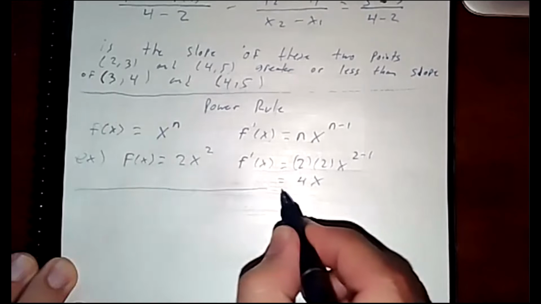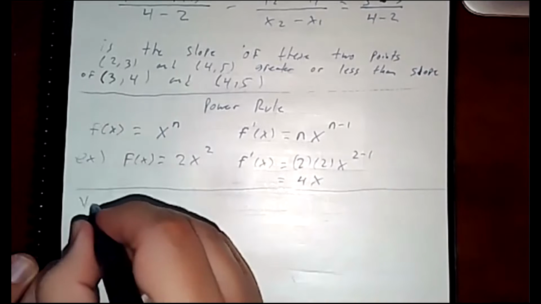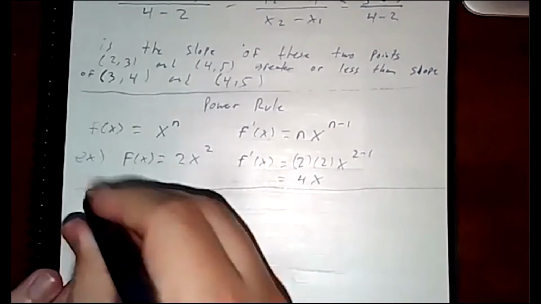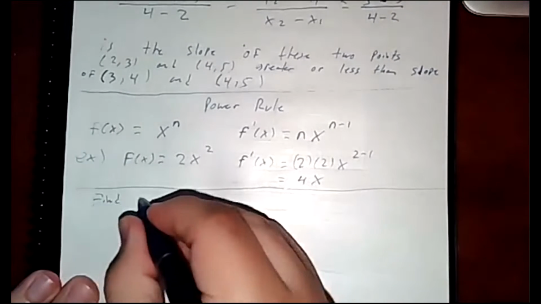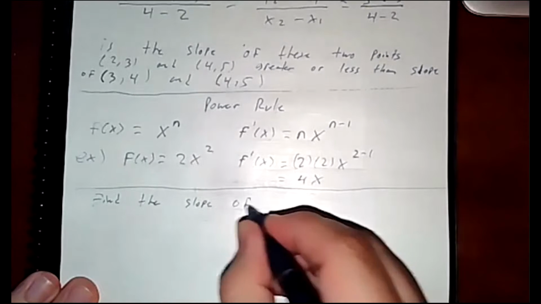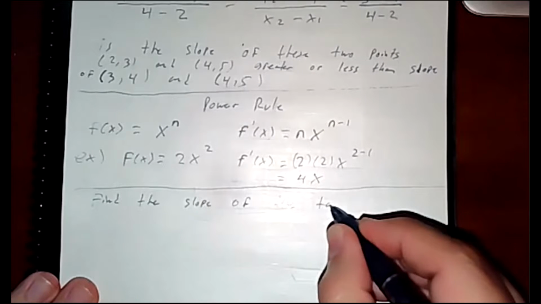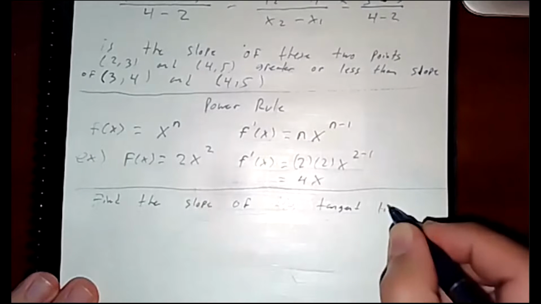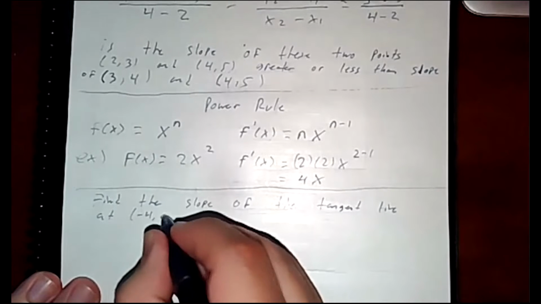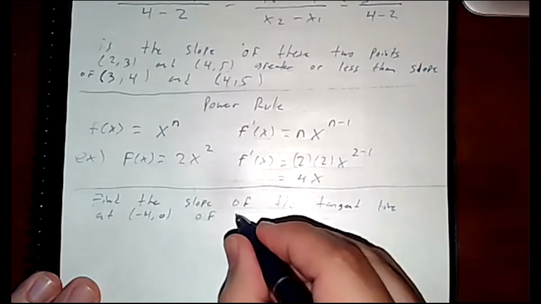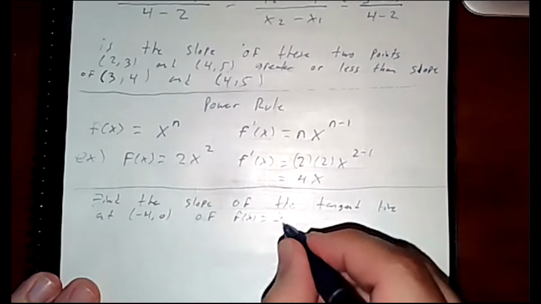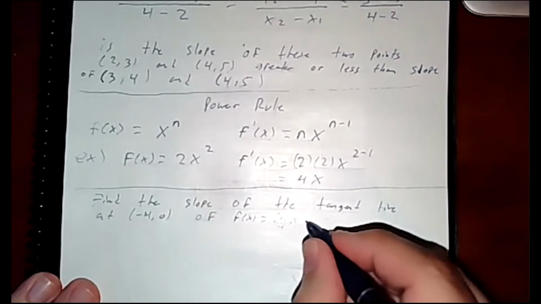So if we go back to this specific function, it says find the slope of the tangent line at -4, 0 of f of x, or maybe they said y, I don't remember, 3/4 x plus 3.